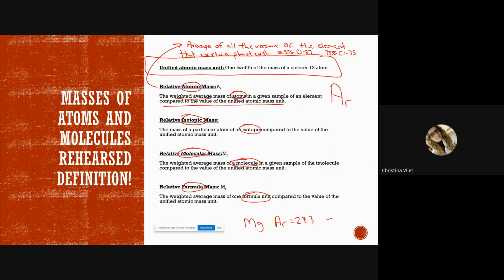But for CH4, you would not say that the Ar is 16 because it's not an atom. CH4 is a molecule. So you would not use Ar, you would use Mr.